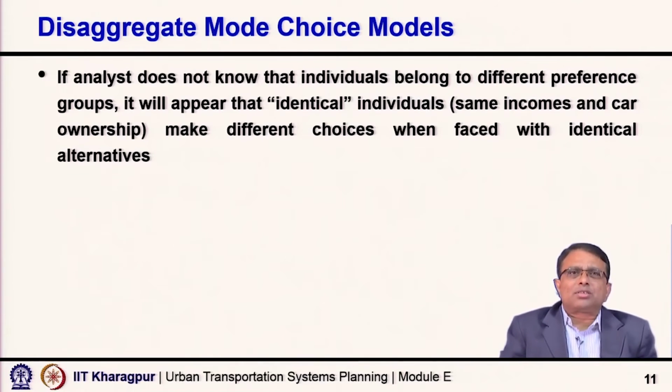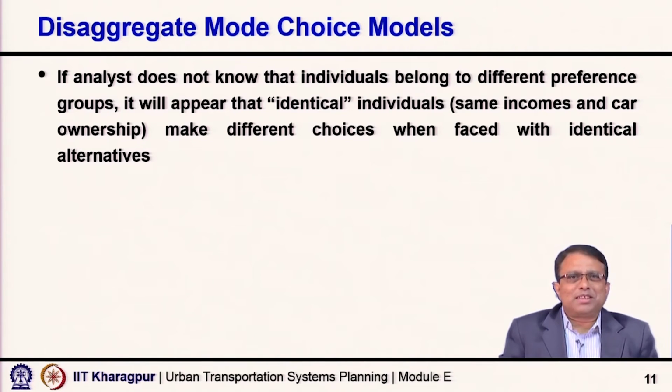If the analyst does not know that individuals belong to different preference groups, it will appear that identical individuals, same income, same car ownership, are making different choices when faced with identical alternatives. It will be a surprise. Why?